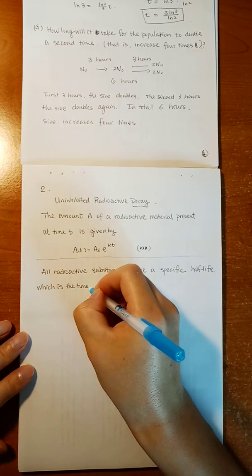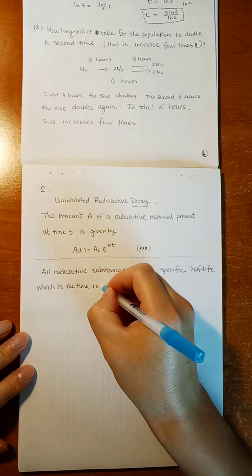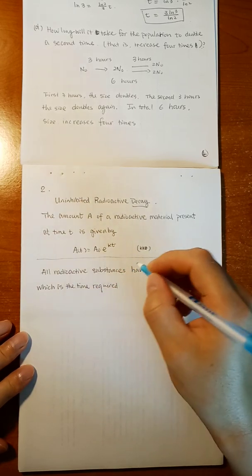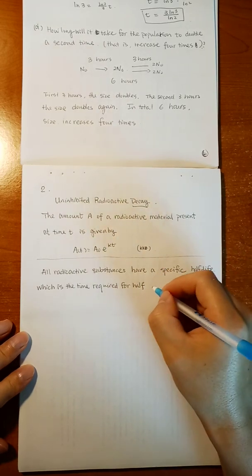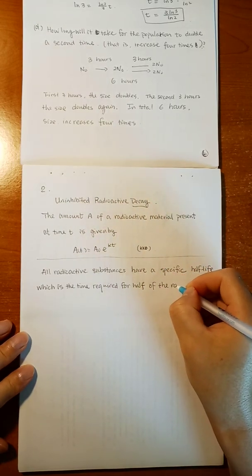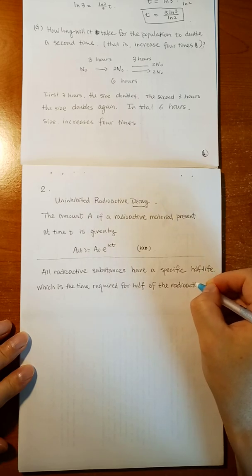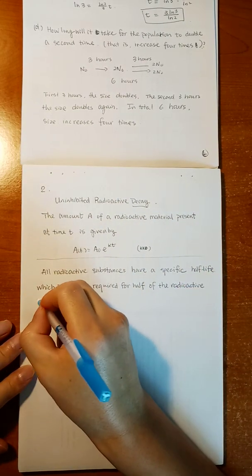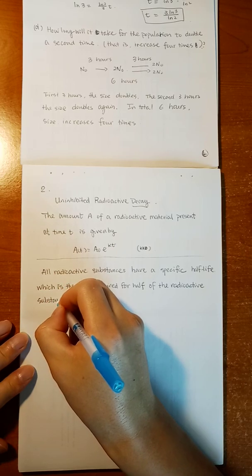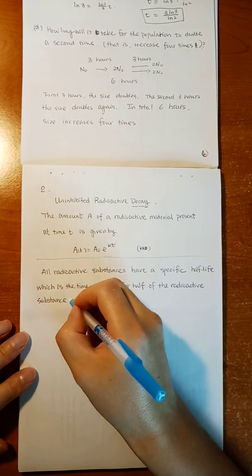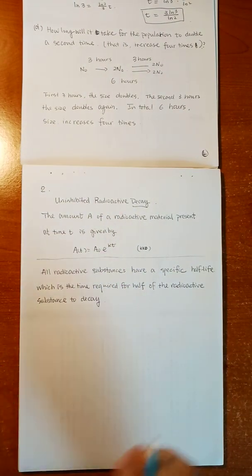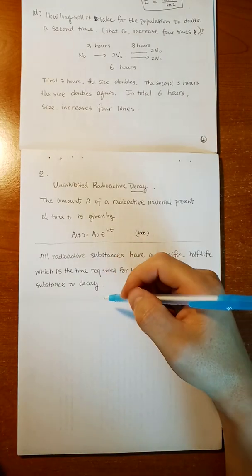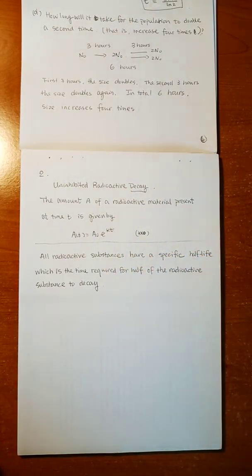This corresponding time is called the half-life, which is the time required for half of the radioactive substance to decay. Okay, half of the radioactive substance to decay, that required time is called the half-life.